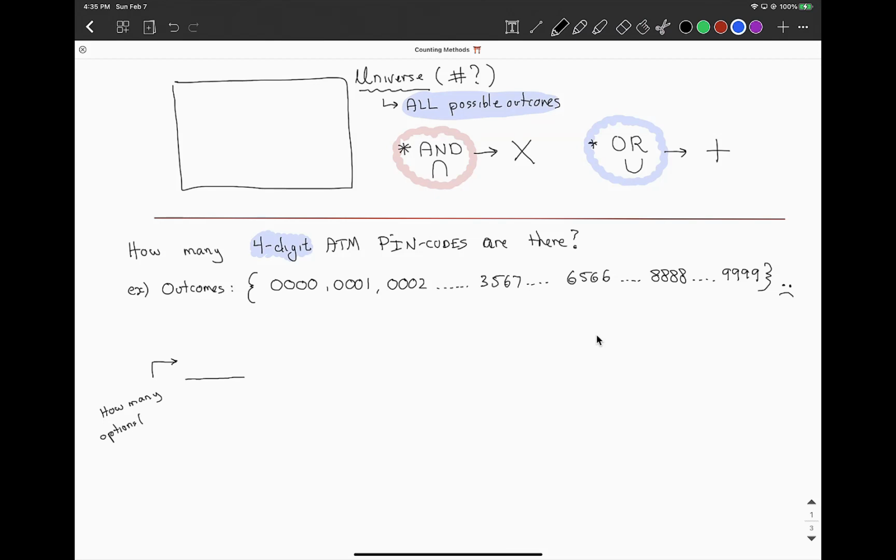If you don't like the word options, how many choices are allowed for this spot? In a 4-digit one, we could ask this question 4 times. I would ask this question in my head: how many things are allowed to be here?